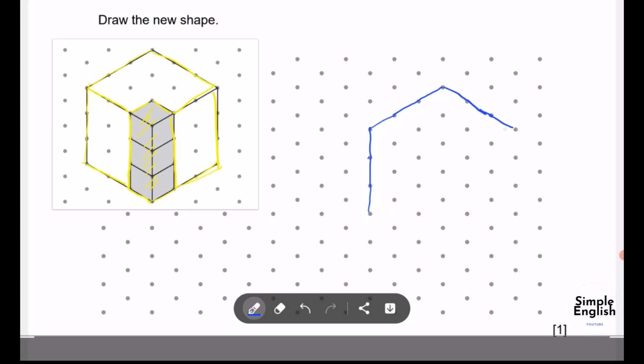Here. So 1, 2. Yeah, and that's the new shape.